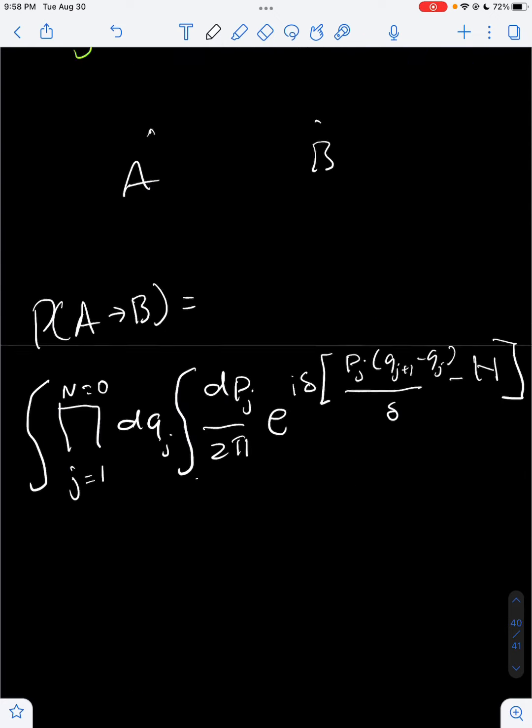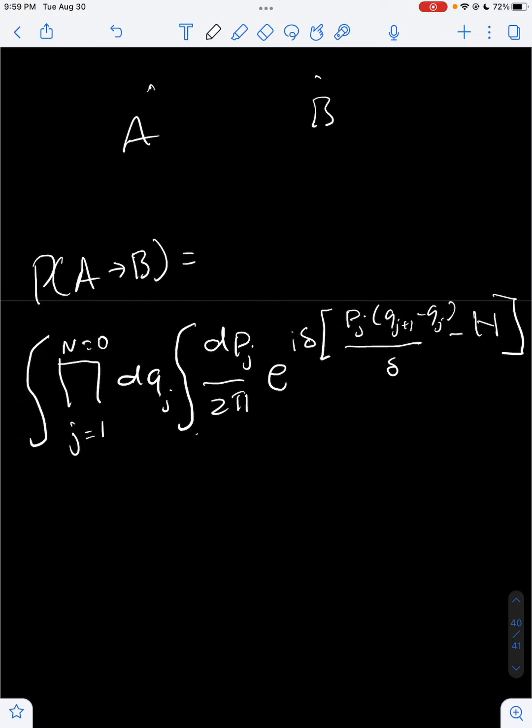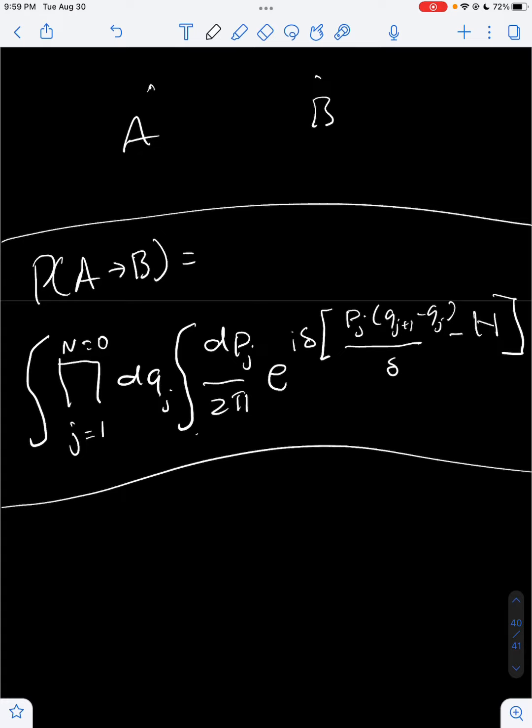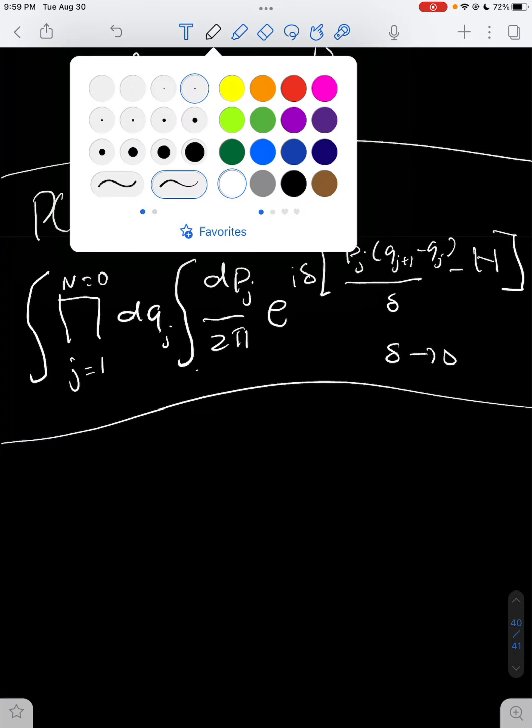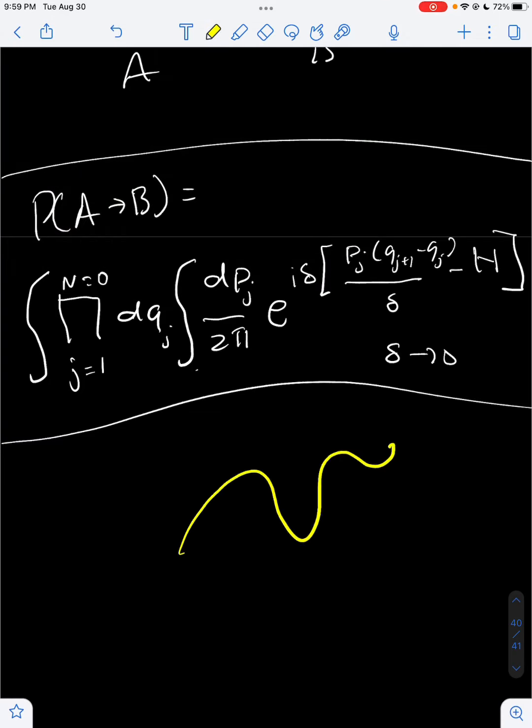So here, this is our answer to the probability that a particle propagates from point A to point B in time t. It's just the probability that the particle takes each possible path multiplied together. Because that's what this is doing here. Because as we let delta approach 0, what we're doing here is we're building all these different paths together. So we have, here's A and here's B.